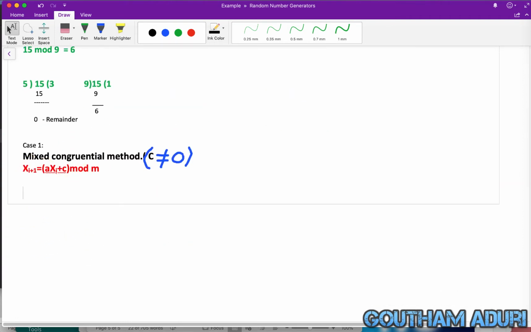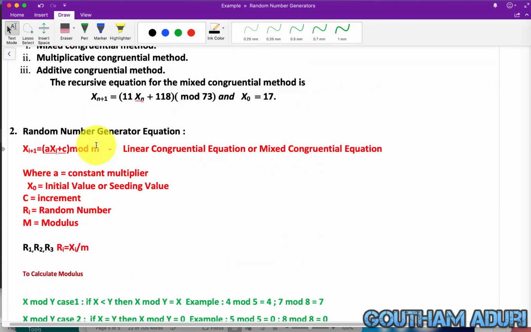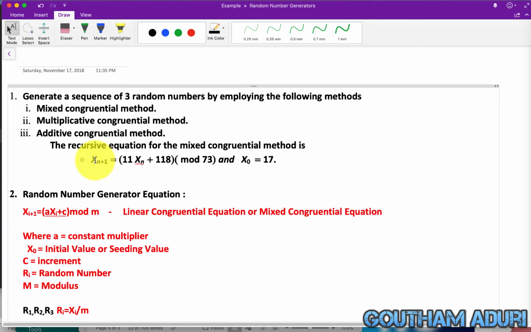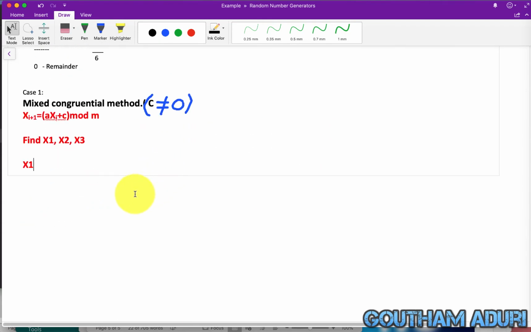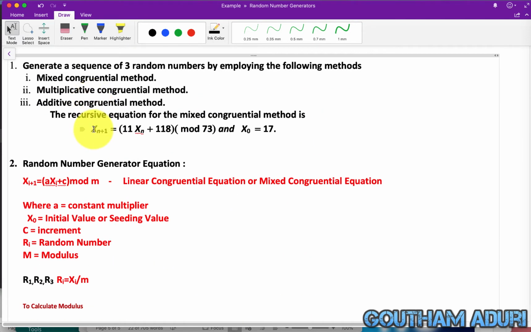Now I need to find x1, x2 and x3 to find R1. So x1 is nothing but xi plus 1, where i becomes n, so xn plus 1. N becomes 0 here because I need to find x1. So I need to substitute n equal to 0.